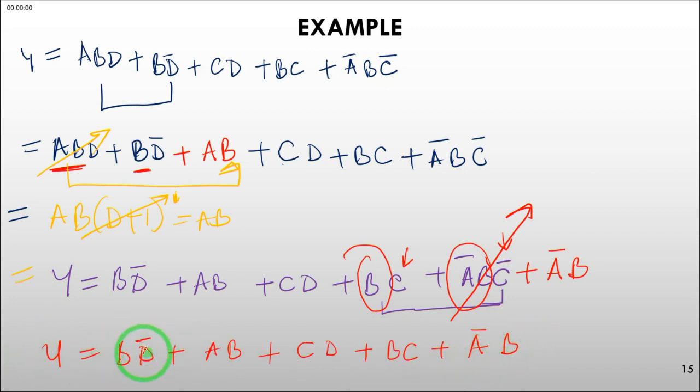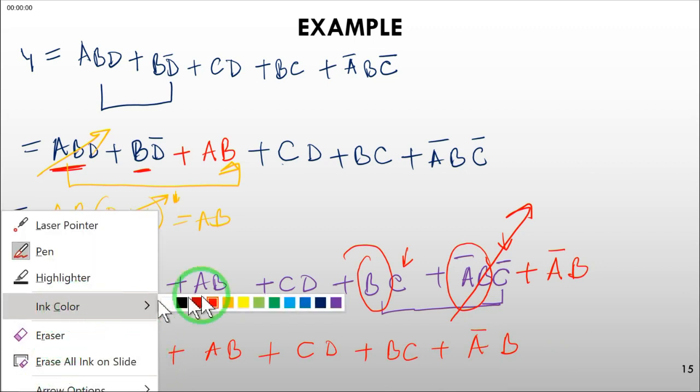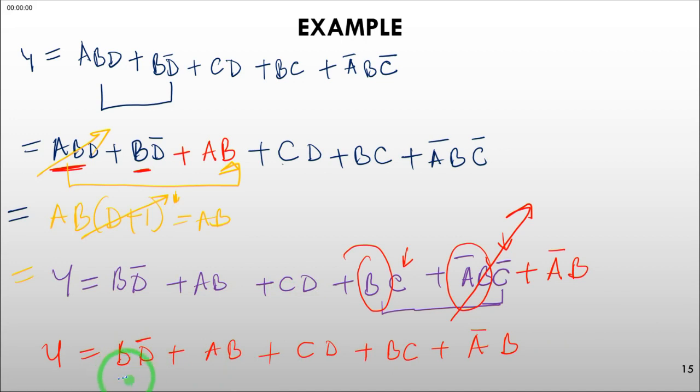So when you factor these terms, we notice that we have a common factor B almost everywhere. It is appearing 4 times, and therefore we factor it out at this point. So if I factor out B here, I'm going to end up with D bar or A or C or A bar.